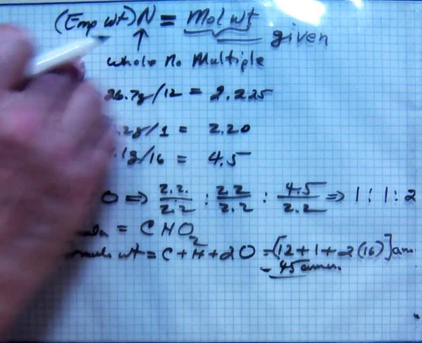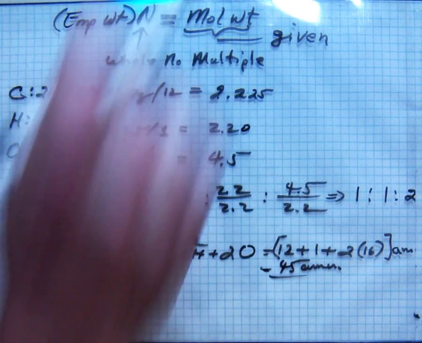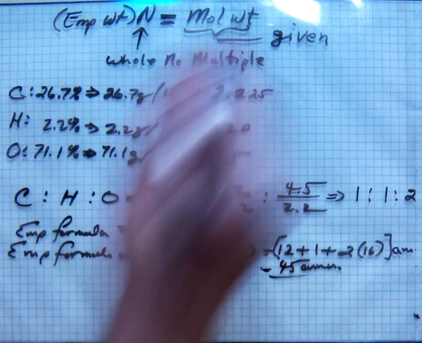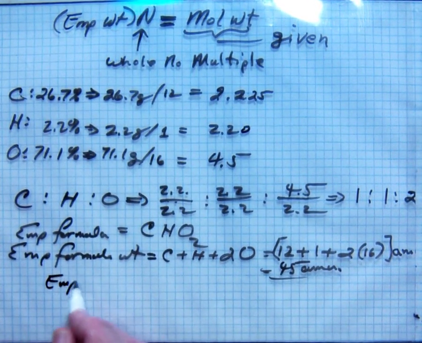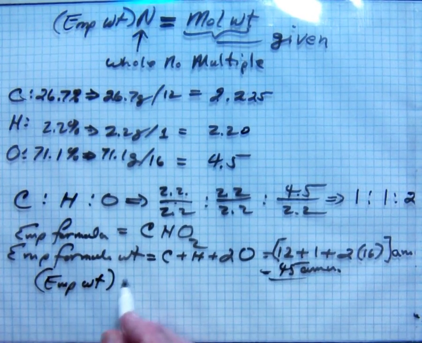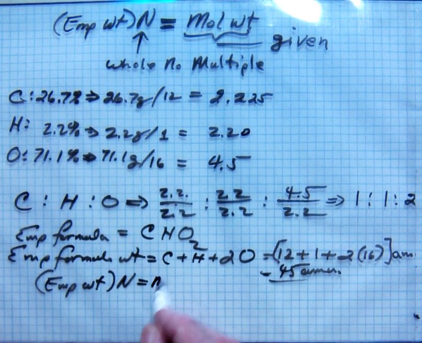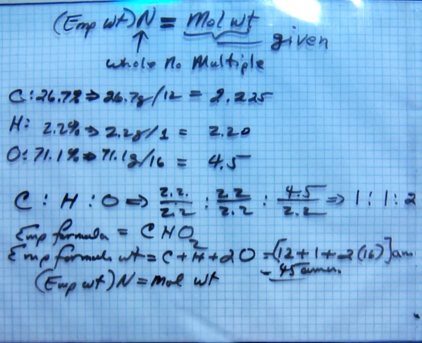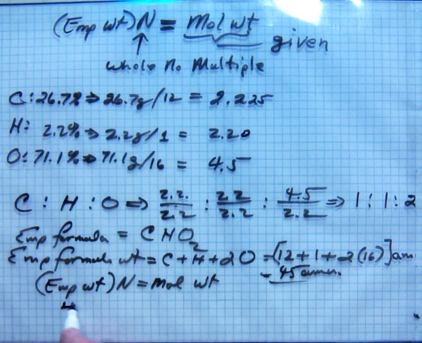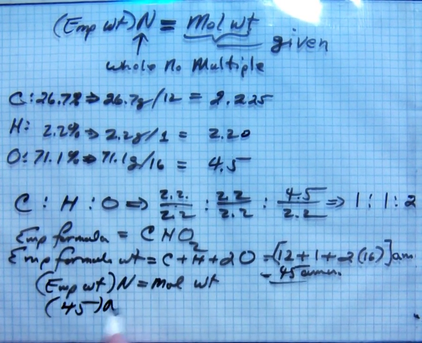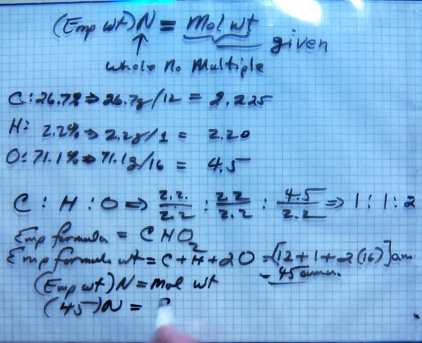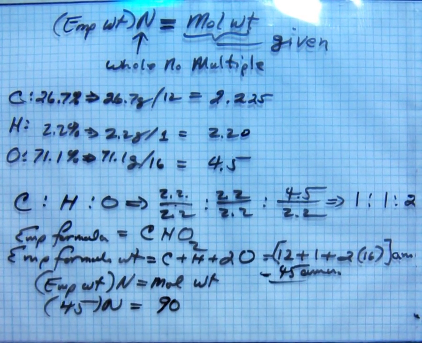Well, you can see up here the empirical weight times the whole number multiple gives you the molecular weight. Our objective here is to determine n. So the empirical weight of 45 times n is equal to 90 atomic mass units.